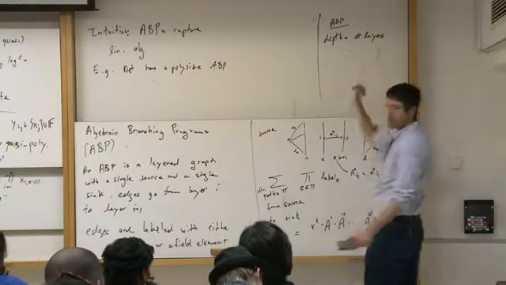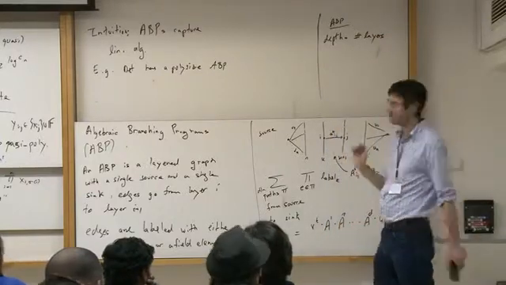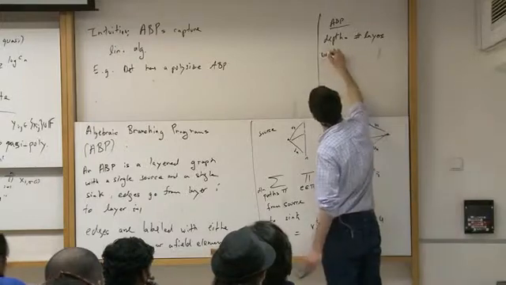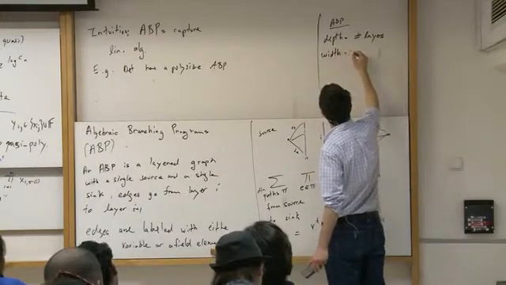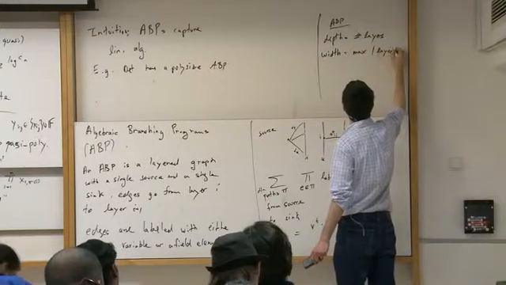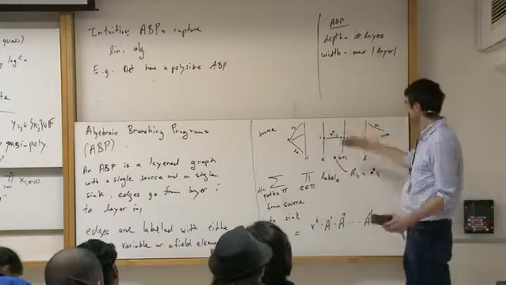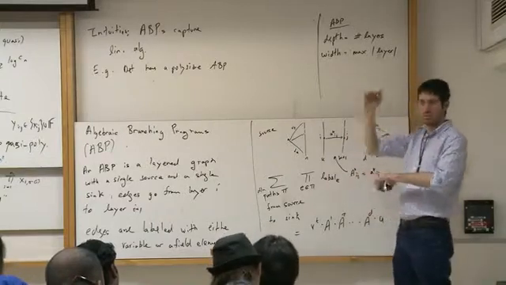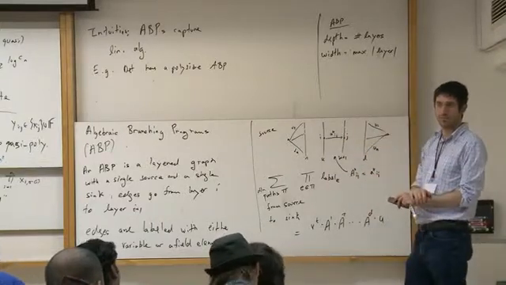Let's not worry about that plus 1. And there's also the width, which is the max size of a layer. So you look at all the layers and see what's the width of the largest layer.